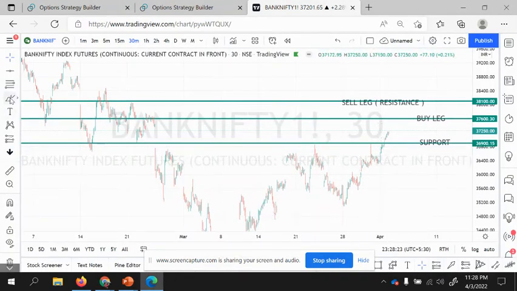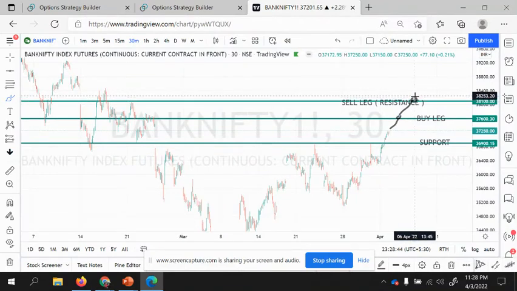Let's say your market stands here, and if your market keeps moving, this is your buy leg. The moment the market reaches here, you'll end up with some smaller profit. Let's say the market keeps going up and touches your selling point. This is the area wherein you will get the maximum profit.